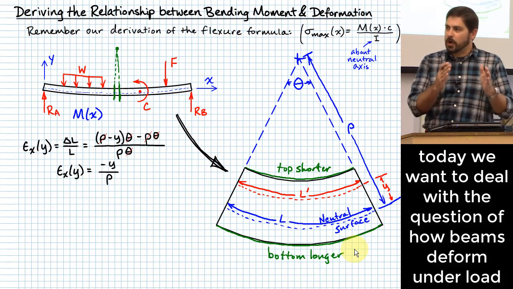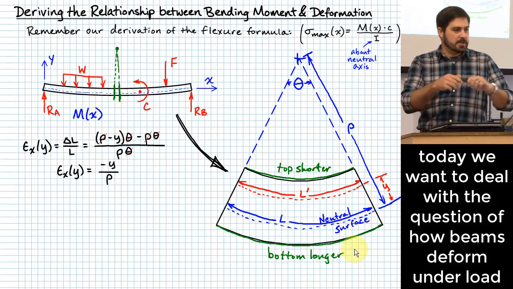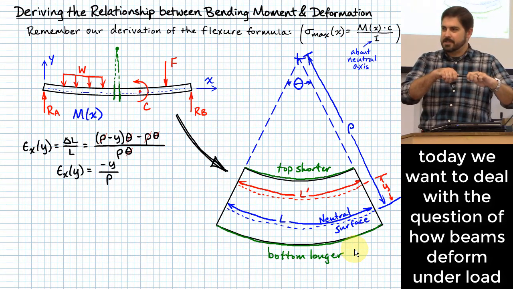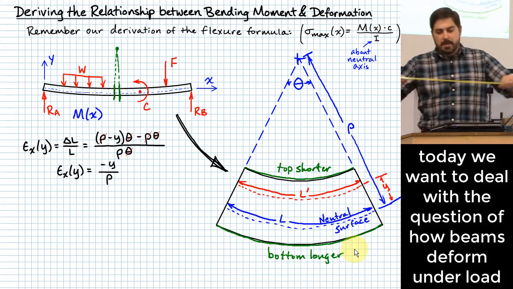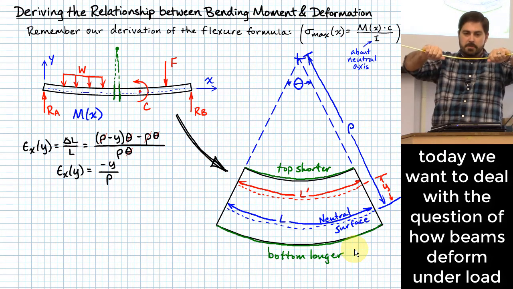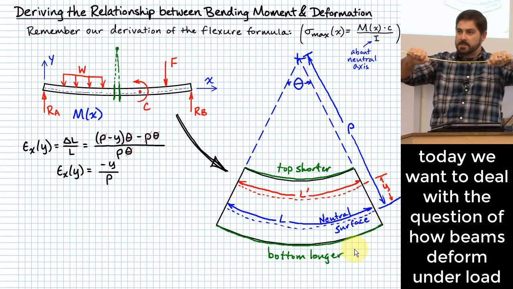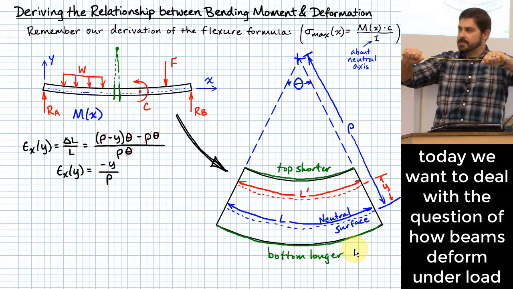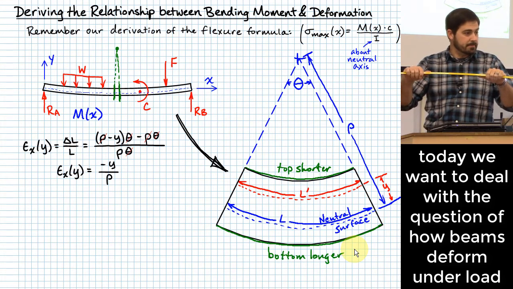That's basically where we're going today for the question of flexure as opposed to axial loading. Does that make sense? So we're looking at situations where a beam might be loaded, and we're going to try to calculate how much the beam will actually deform when it's being flexed, right? It's our last topic in the topic of beams, okay?